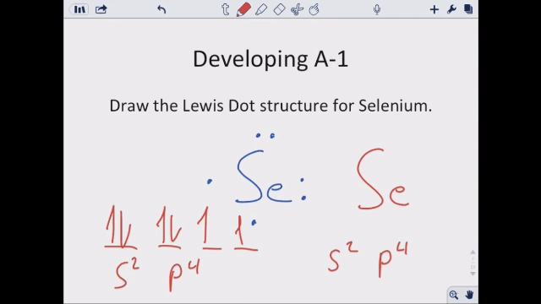So in filling this, if we want to really follow Hund's rule, what we'll do is we'll fill the s first, so 1, 2, and then fill the p, 1, 2, 3, 4. It essentially gives us the same exact Lewis dot structure, but depending on how specific we're being will depend on how we fill. In general, this is filling all the way around and making sure that each side gets 1 before it gets 2. That's going to give you your best bet.